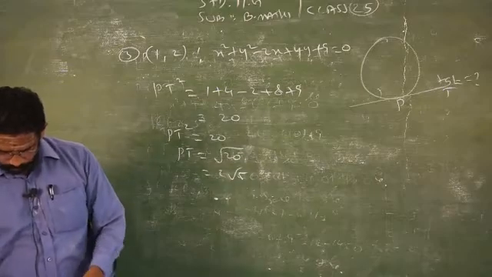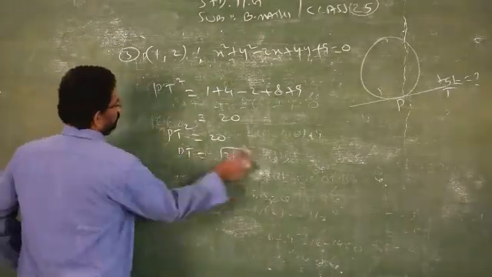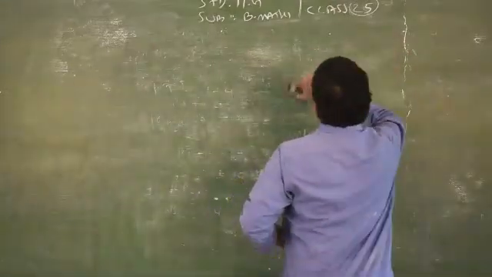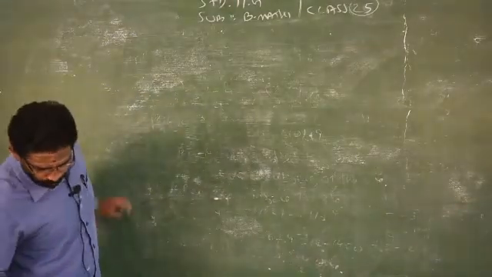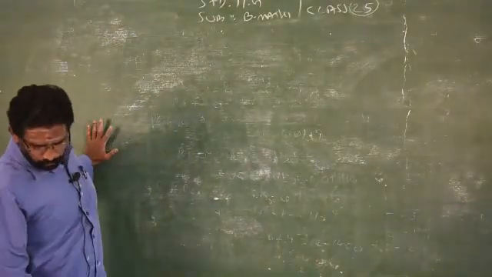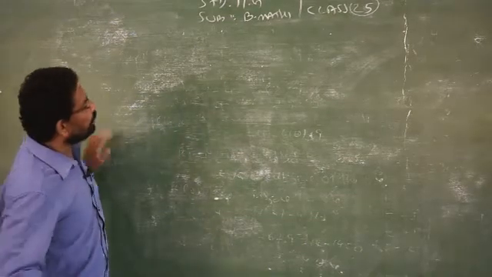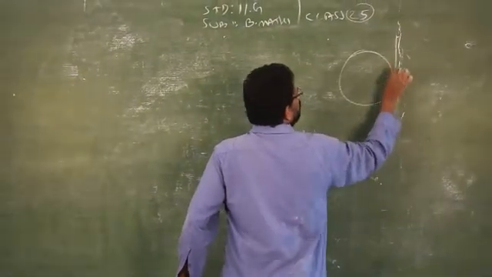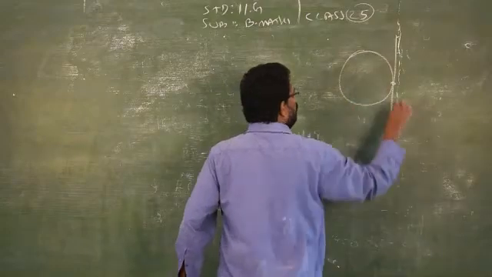Clear? Now, the last question of this exercise, sum number 4. Find the value of P if the line is tangent to the circle. So, we have one condition whether this line is tangent to the given circle or not.